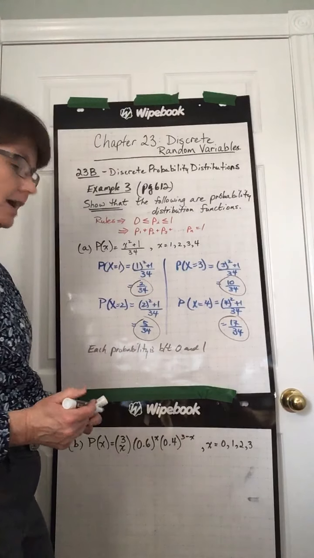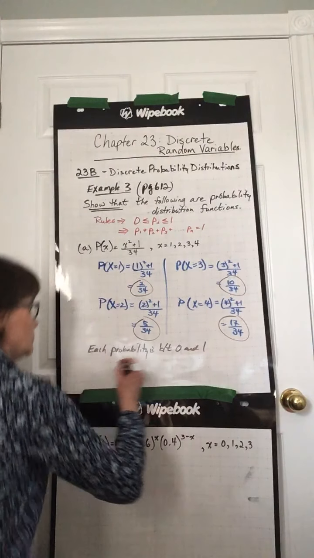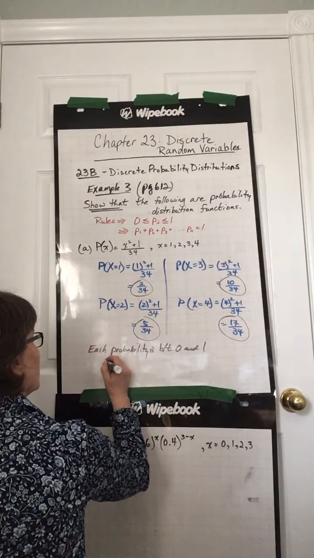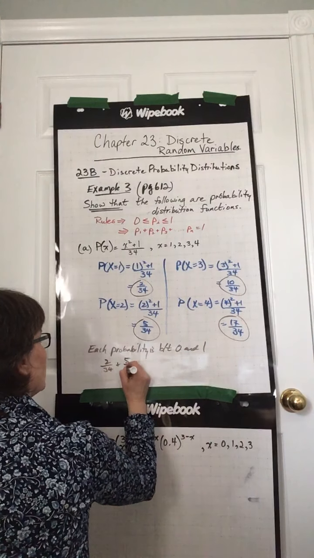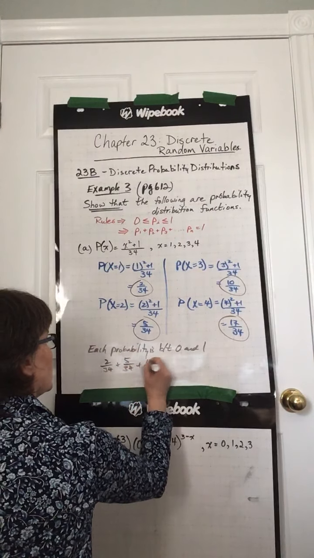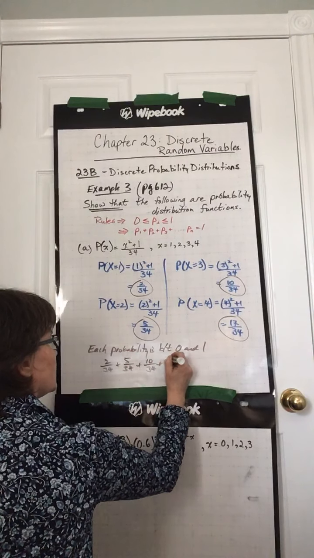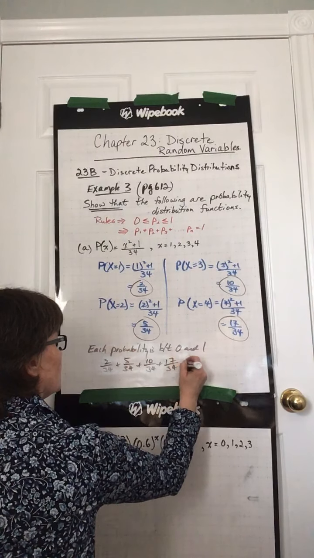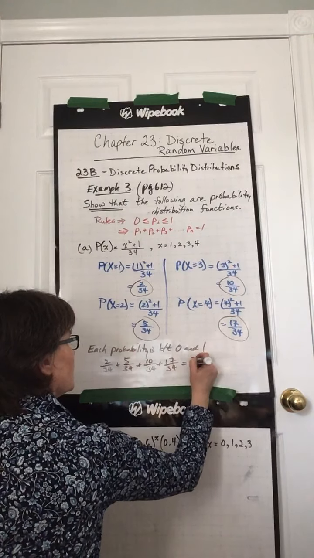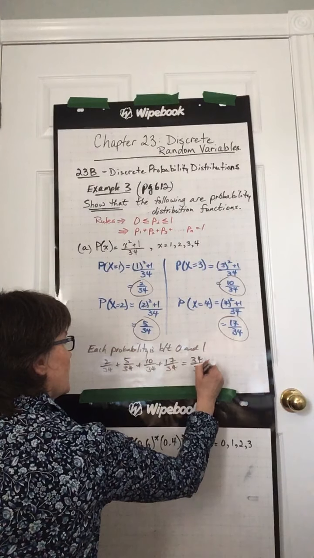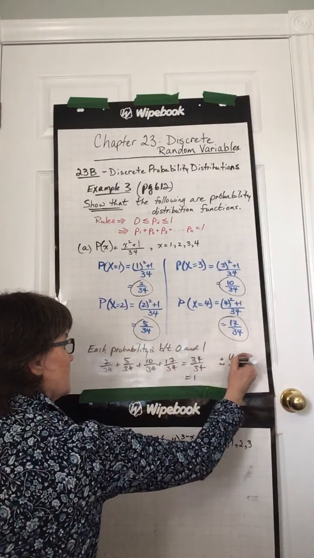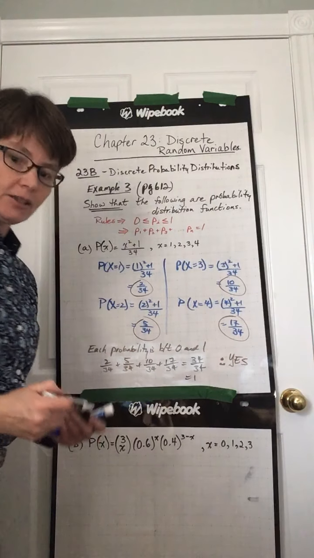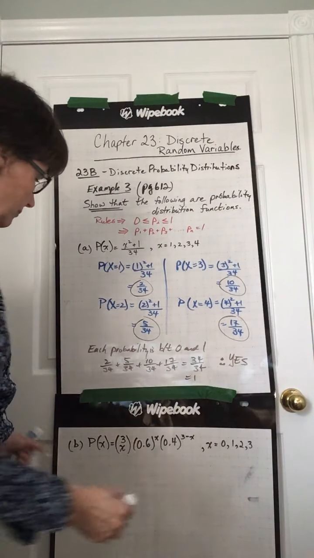And do they all add up to 1? So 2 over 34 plus 5 over 34 plus 10 over 34 plus 17 over 34 equals 34 over 34, which equals 1. Therefore, yes, it is a probability distribution function.